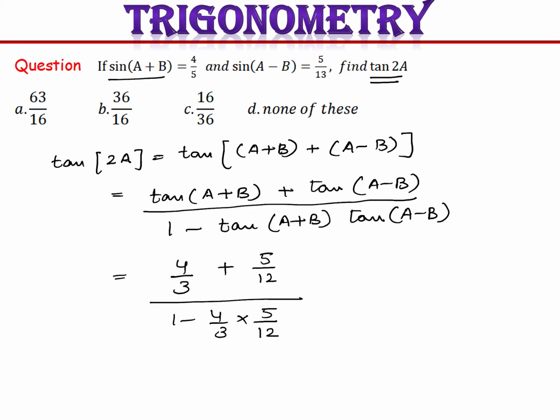The same type of calculation we have done in the previous question. Again, you just take the LCM, 21 by 12, 9, and you have 4 here. So my answer is 63 by 16. So my answer is option A.